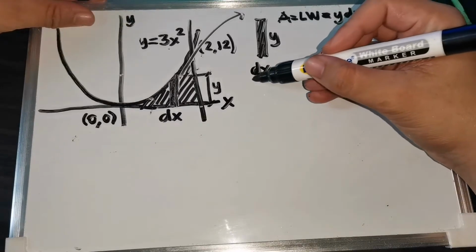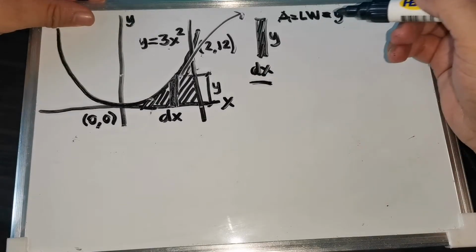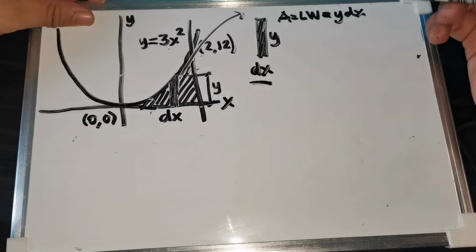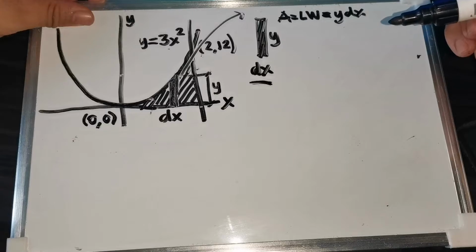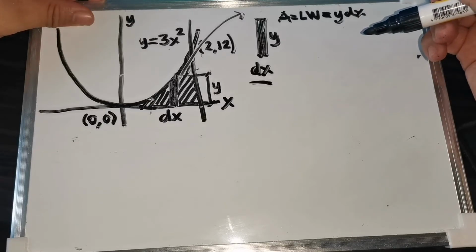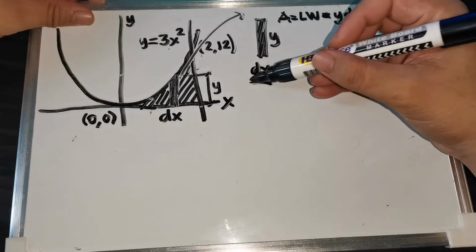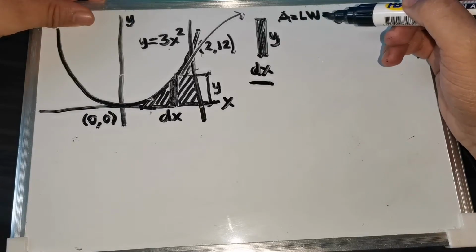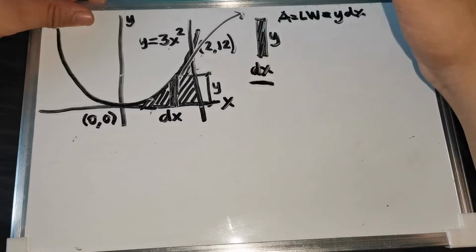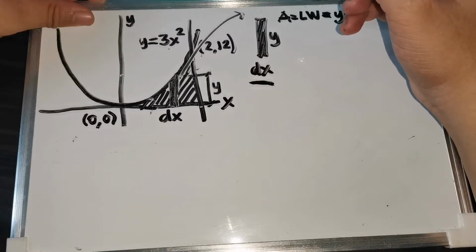Now, since we're dealing with dx, the right thing to consider is to look for the values of your lower and upper limit. If this is dx, then we need to consider your x coordinates from the first point up to the last point that we're considering in the graph.